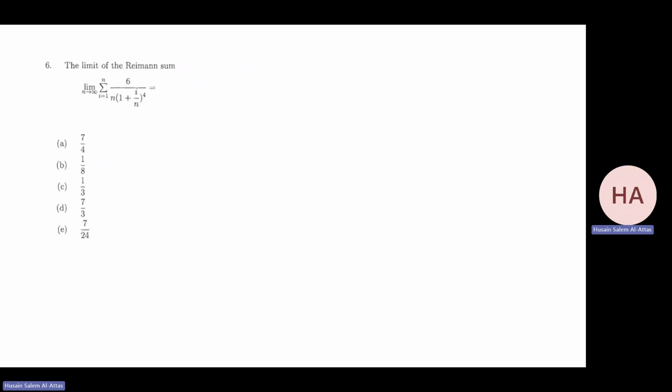I need now to figure out xn, and yeah, I can rewrite it. Limit n goes to infinity, 1 over n summation i equals 1 to n, 6 over 1 plus i over n all to the power 4. So xi is 1 plus i over n and delta x is 1 over n, which will work.